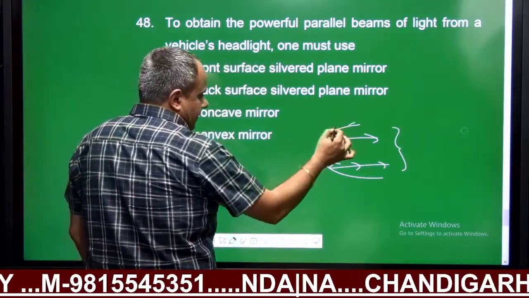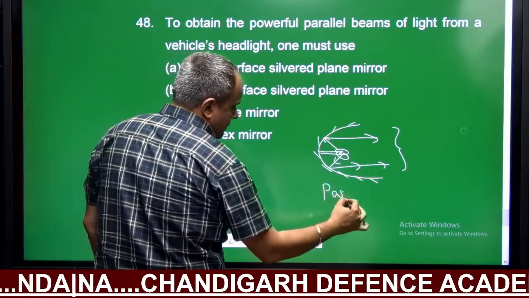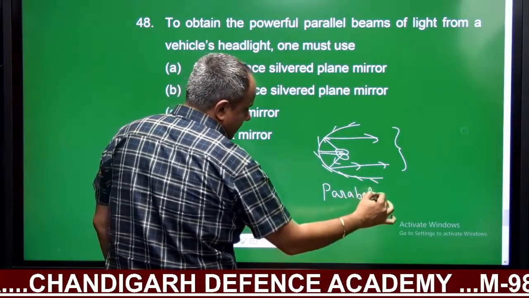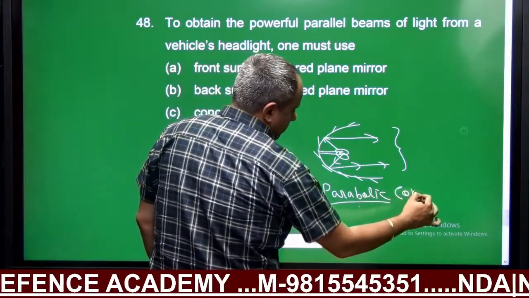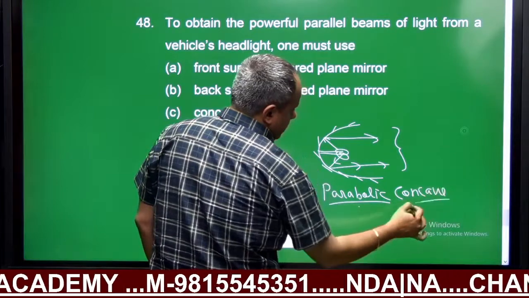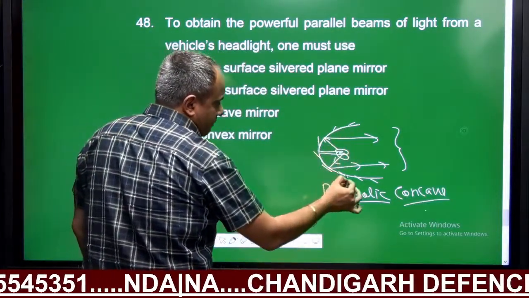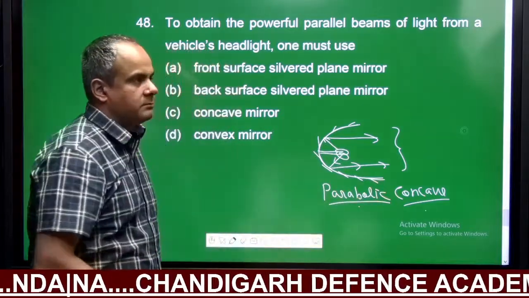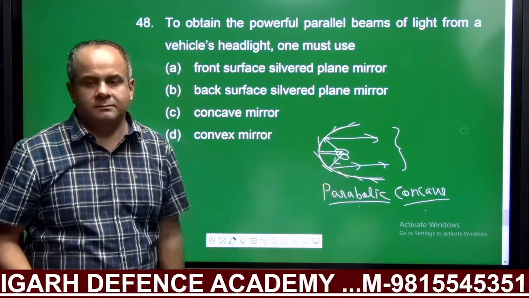We said the mirror should be concave. थोड़ा सा इसको parabolic shape दिया जाता है. Knowledge ले लो थोड़ी सी. It is parabolic concave. It is not exactly concave. See the shape. It is a little bit like a parabolic headlight.